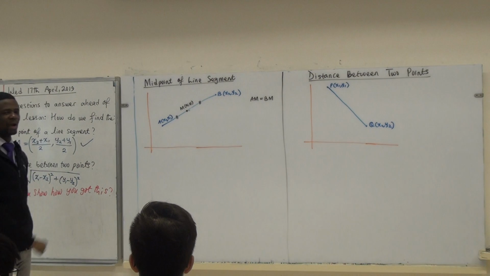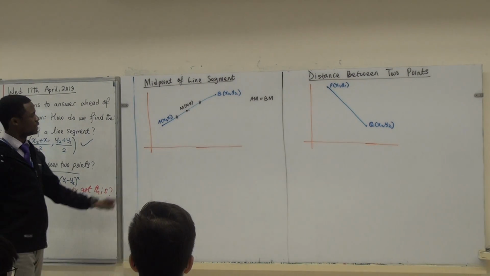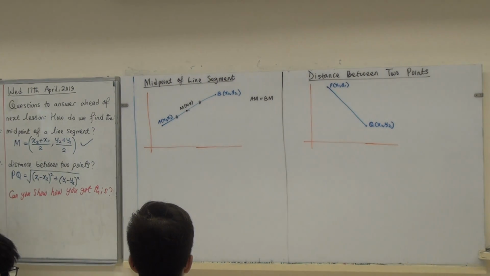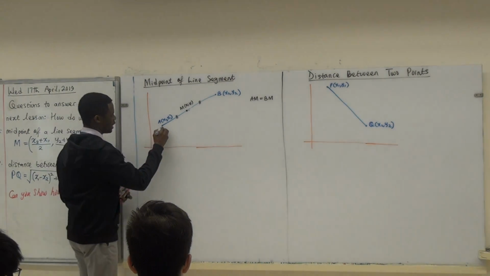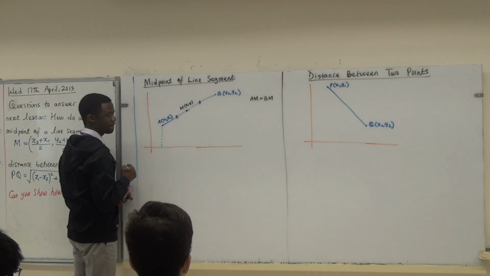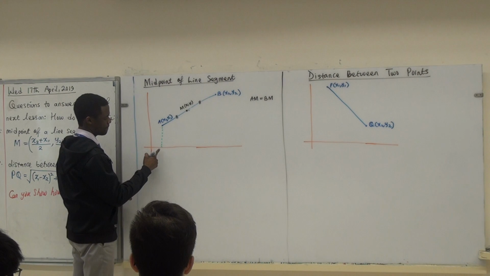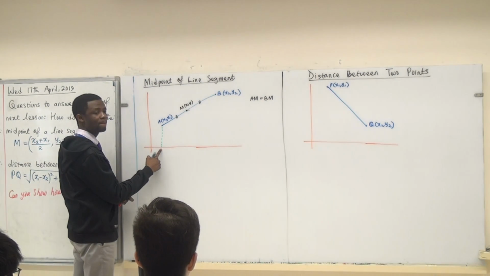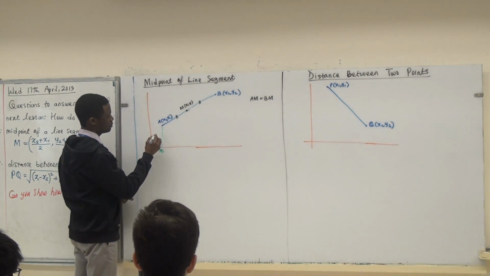Now, assuming we have a line, the endpoints of this line are A and B. The coordinates of A and B happen to be x1, y1, and x2, y2. Full attention, please. What is this point? x1.